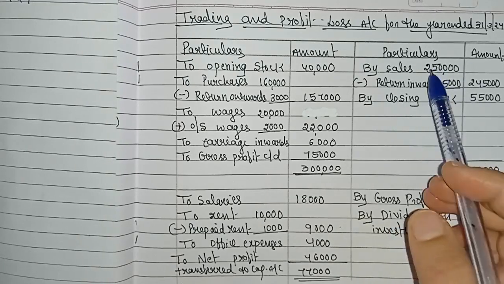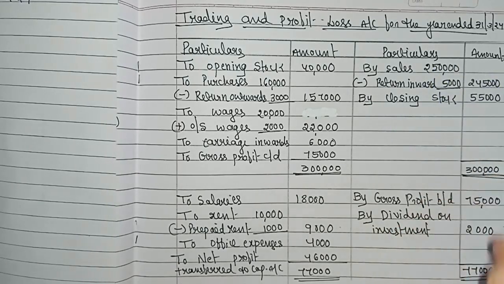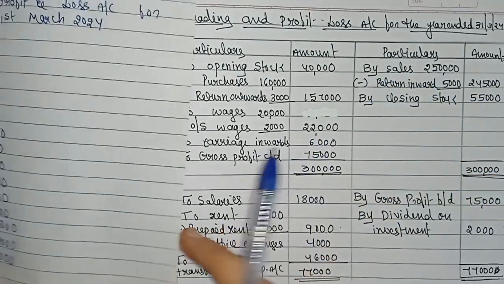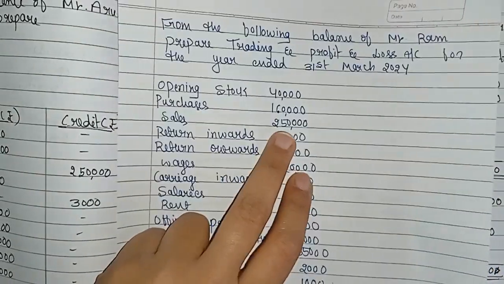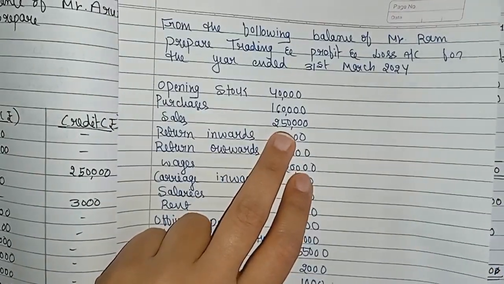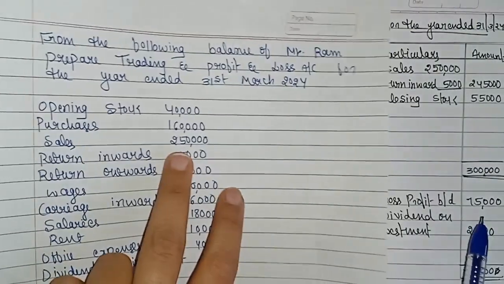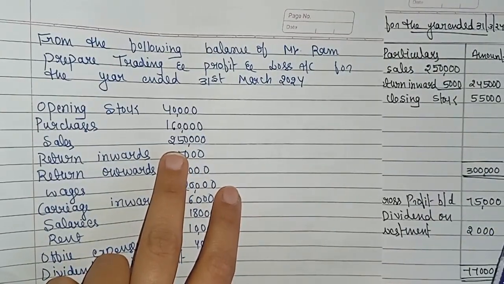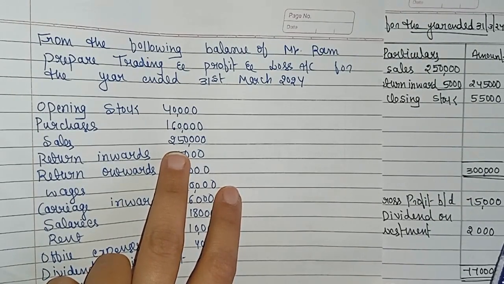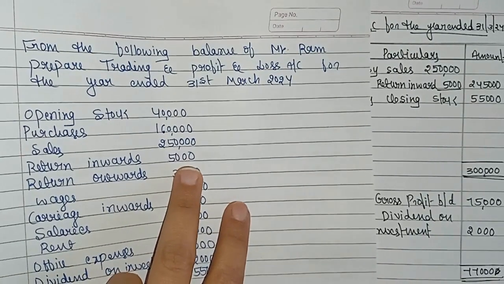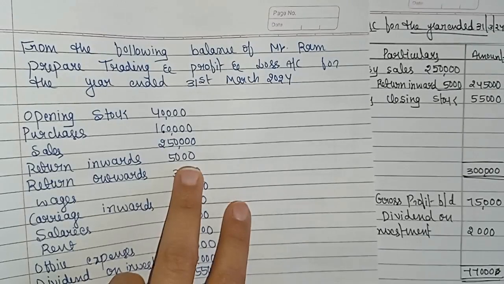Clear? All revenue or incomes will come under the credit side. So by sales, how much? That is rupees 2,50,000. See here, sales 2,50,000. Clear?